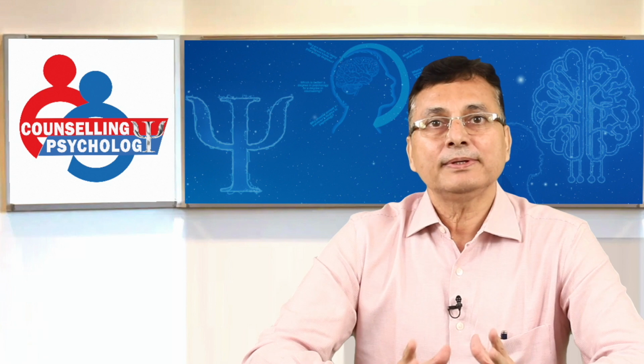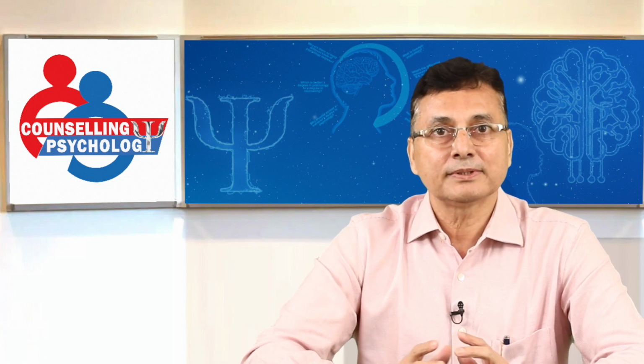Now, contingency management. This therapy is derived from the principles of operant conditioning given by B.F. Skinner. Reinforcements and rewards are commonly used to shape behavior and increase the likelihood of favorable behavioral outcomes.